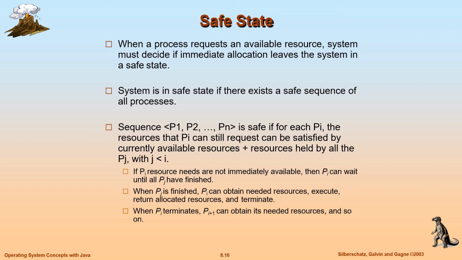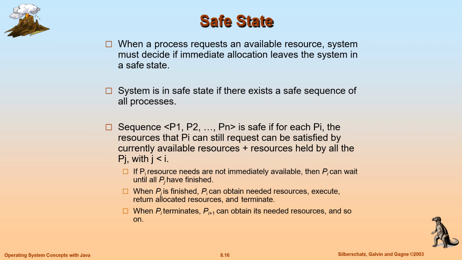If Pi's resource needs are not immediately available, then Pi can wait until all Pj have finished. Its wanted resources are right now with Pj. When Pj is finished, Pi can obtain needed resources, execute, return allocated resources and terminate.